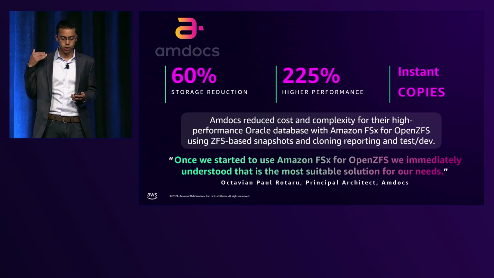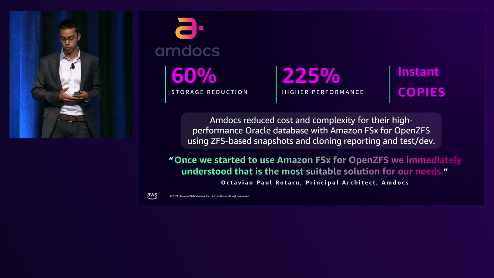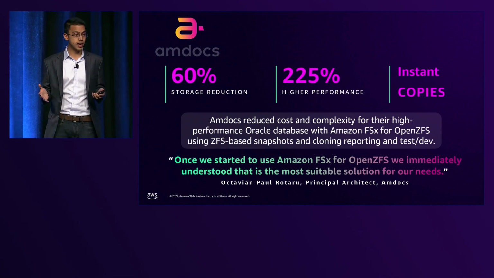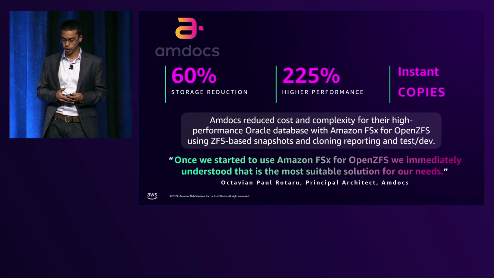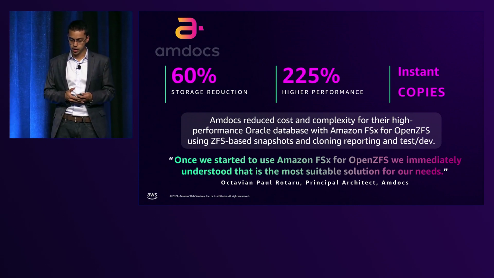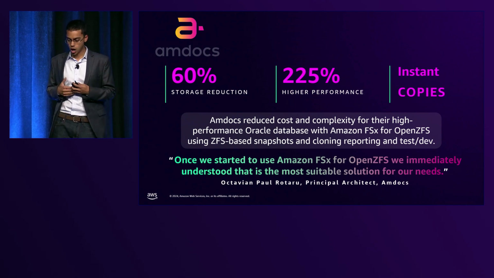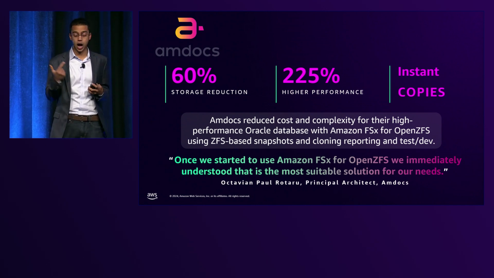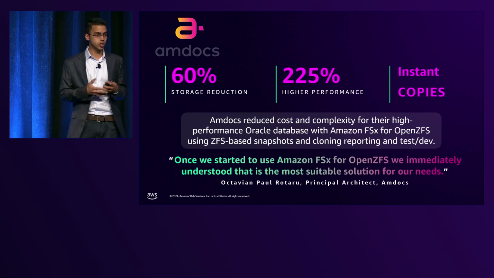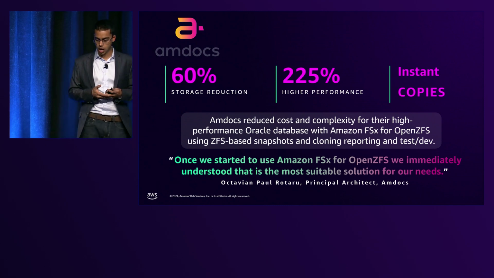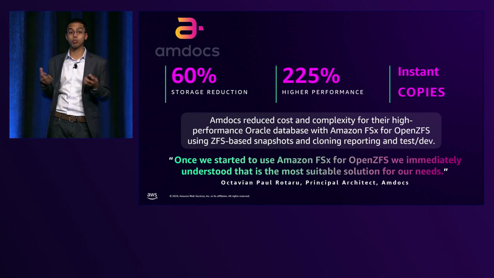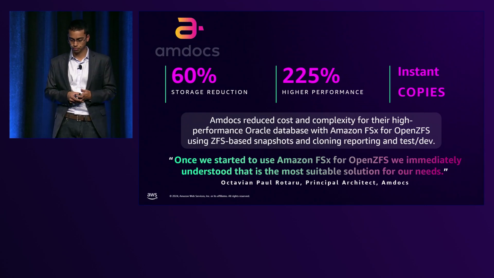And they needed high performance, 10 plus gigabytes per second of throughput, copies of databases for test dev and reporting. And the challenge they faced is maintaining this infrastructure required high storage costs and high restore times. So for example, a 65 terabyte database might take more than 48 hours to restore.